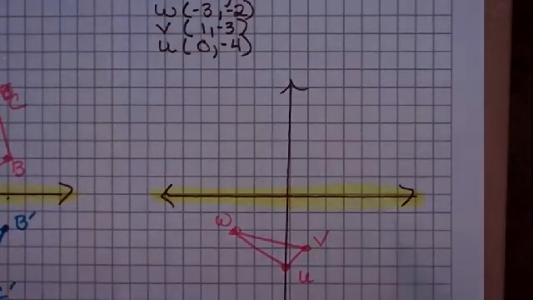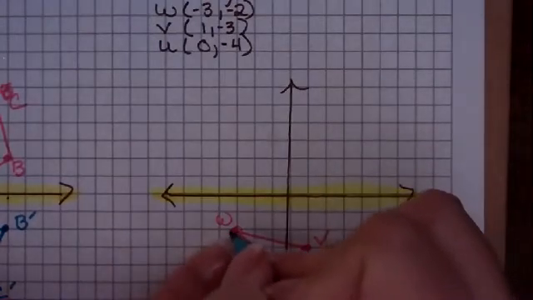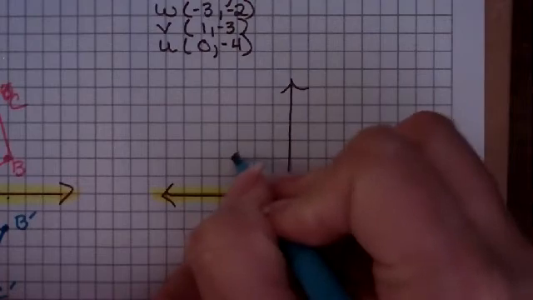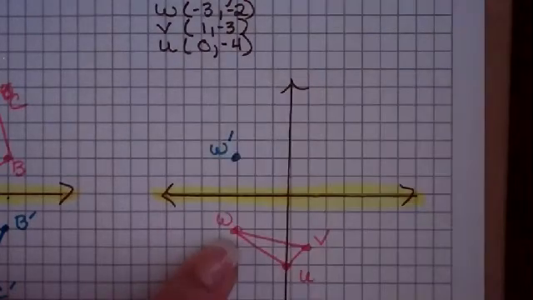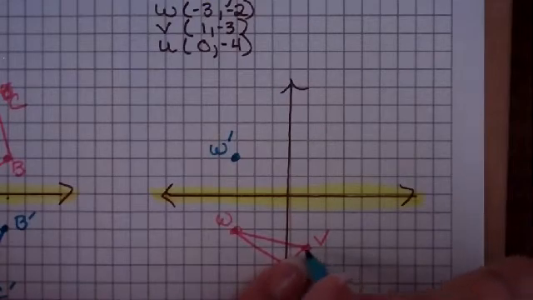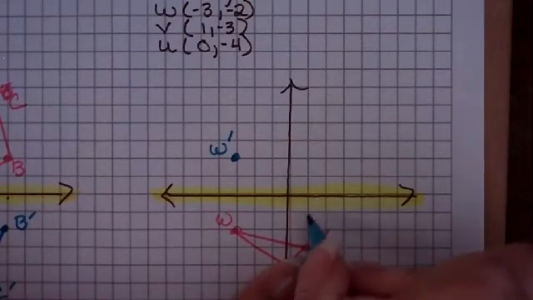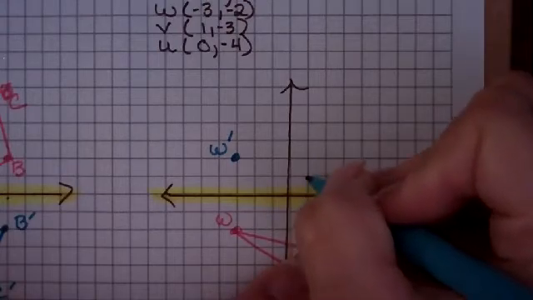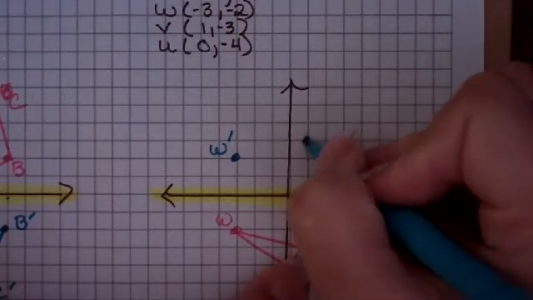So if I look at W right here, W is 2 blocks below, so W prime has got to be 2 blocks above. V right over here is 1, 2, 3 blocks below, so V prime has got to be 3 blocks above. 1, 2, 3.